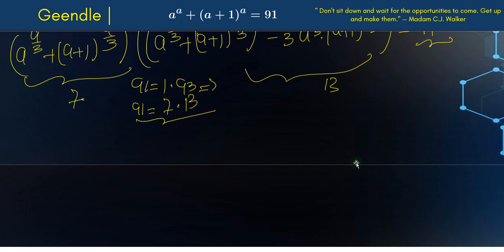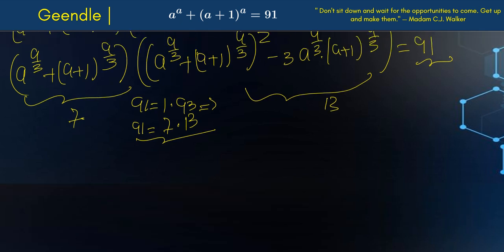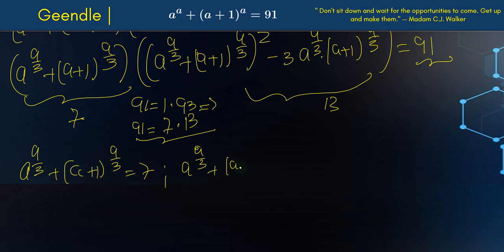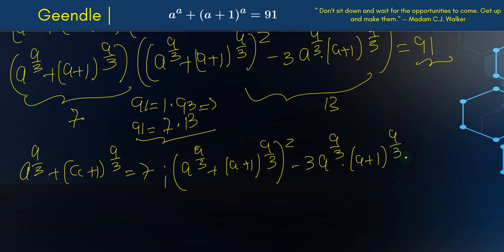So we can write that a to the a over 3 plus (a+1) to the a over 3 is equal to 7, and a to the a over 3 plus (a+1) to the a over 3 squared minus 3 times a to the a over 3 times (a+1) to the a over 3 is equal to 13.